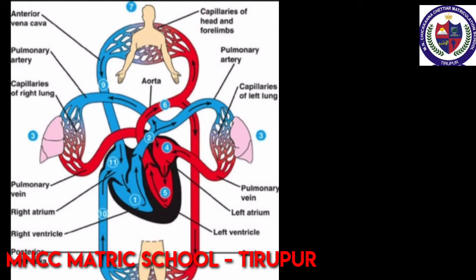Deoxygenated blood from the cardiac muscles drains into the right atrium by the coronary sinus. When the blood circulates twice through the heart in one complete cycle, it is called double circulation. In double circulation, the oxygenated blood does not mix with the deoxygenated blood.